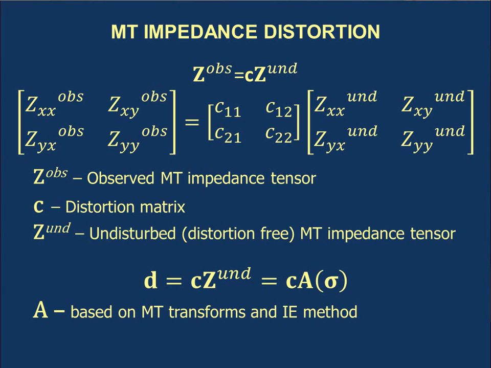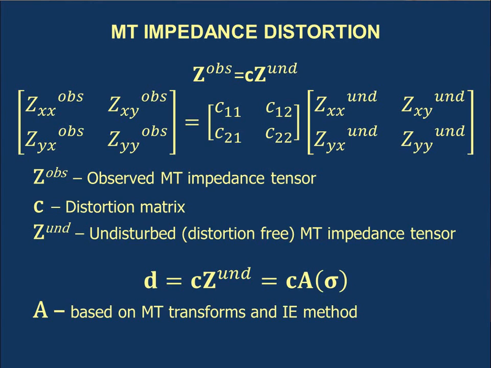It can be real, it can be complex, and it has 4 components, so our observed MT impedance is actually a product of this distortion matrix and this undisturbed tensor, which we would observe if there was no heterogeneity. And so our forward equation is this: this is our data, our impedance, then we have the distortion matrix multiplied by undisturbed impedances.